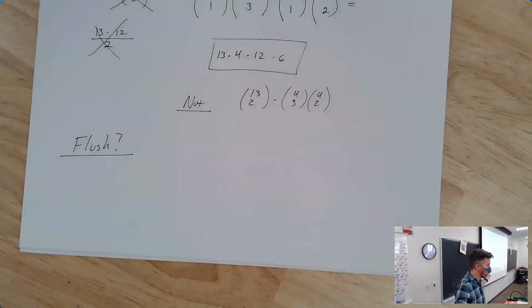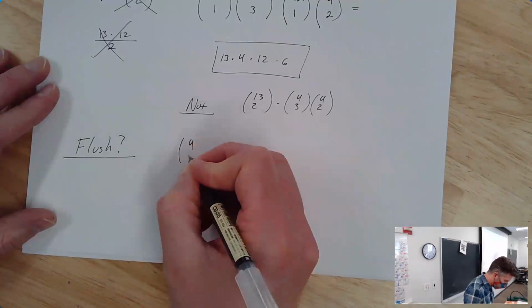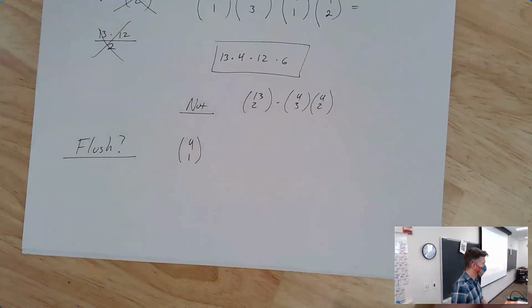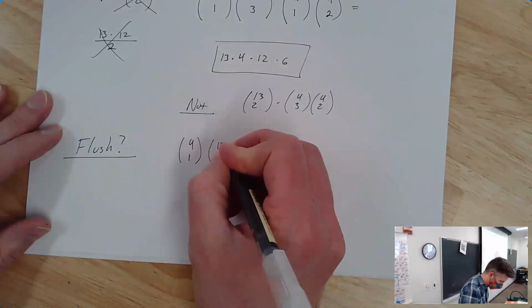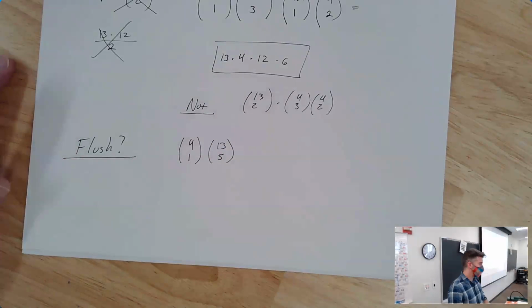How many suits are there to pick from? 4. So the 4 suits, we're going to choose 1. All right. How many cards are in that suit? 13. Of the 13 cards in the suit, how many do we want? How many go in our hand every time? 5. So we're going to pick 13, choose 5. And that's going to be our answer.